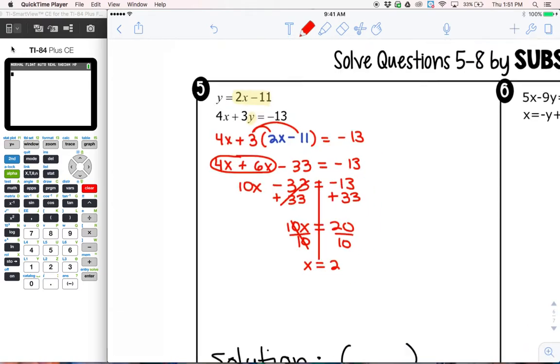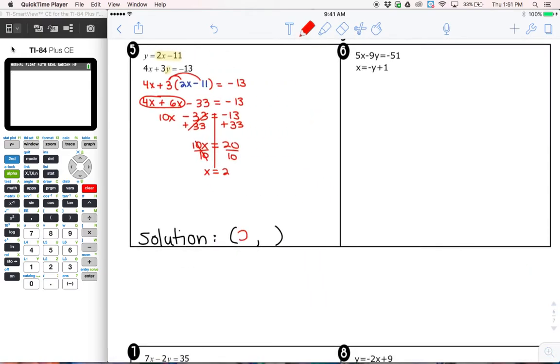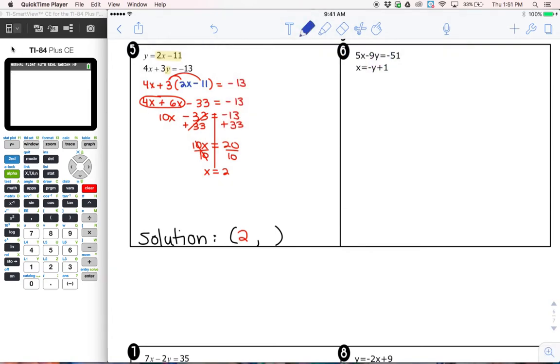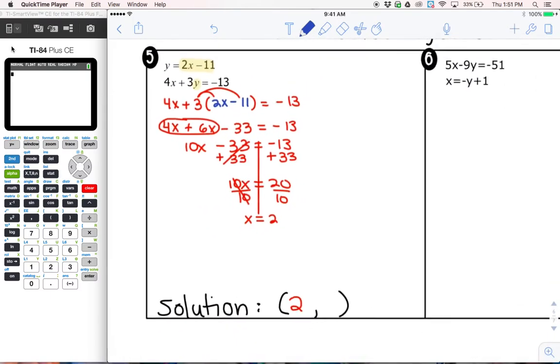All right, now let's not forget, I only just found x. I still have to have y because I have to have an x and a y value for all of my solutions. So let's take a look. If I want to find y, once you find the first one, just plug it in to find the second one. And that's true for this method and for the method we're going to talk about next.